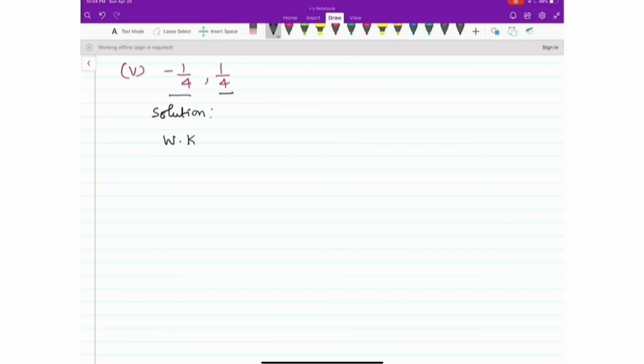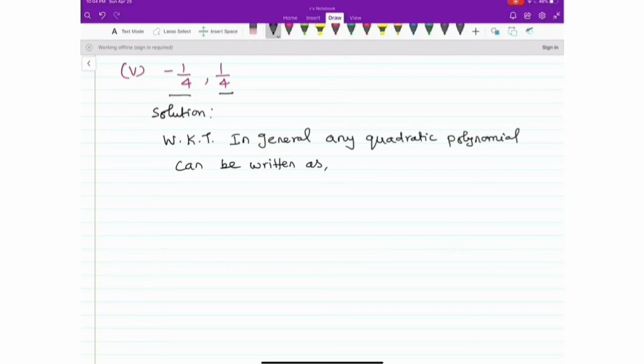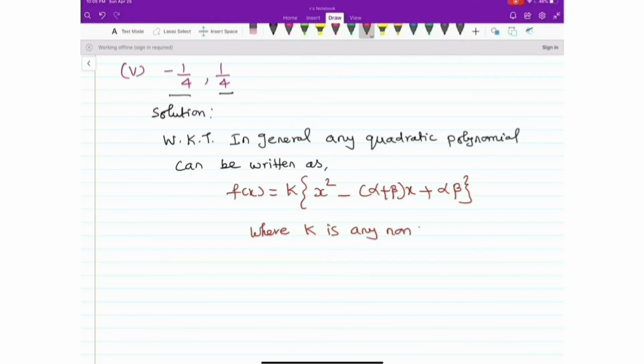We know that in general any quadratic polynomial can be written as f of x is equal to k into x square minus alpha plus beta into x plus alpha beta, where k is any non-zero real number. Let me name this as 1.